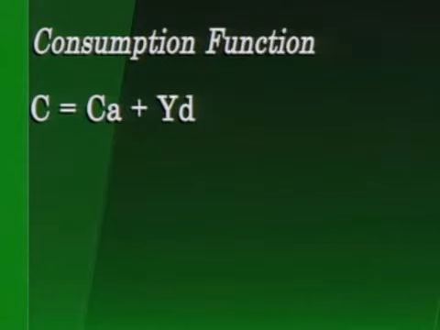Now we can build a simple model of consumption where consumption depends on autonomous factors, CA, and on disposable income, which we write as YD. If we write this as a simple linear equation called a function, we have C is equal to CA plus YD. This would imply that as CA or YD increases, C would increase.